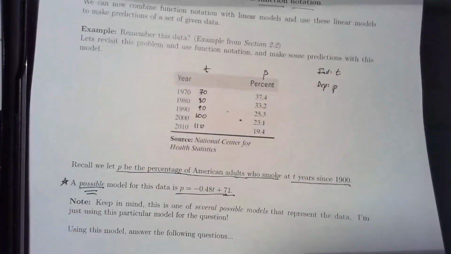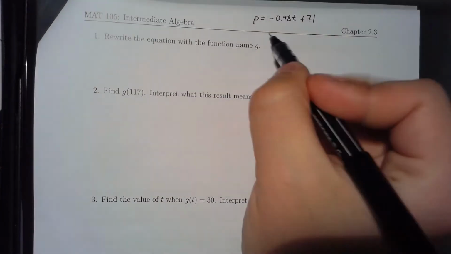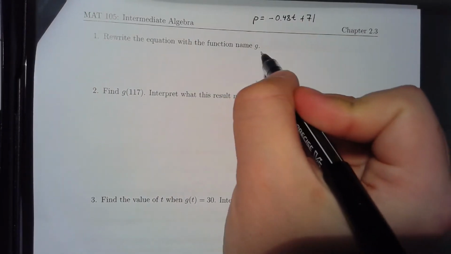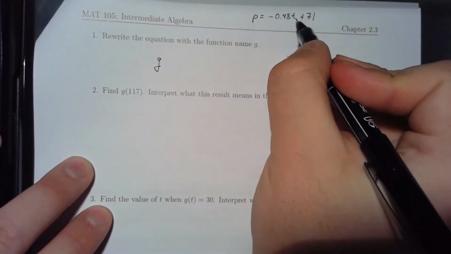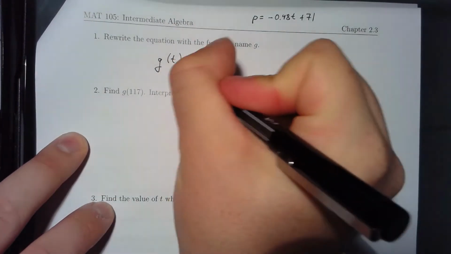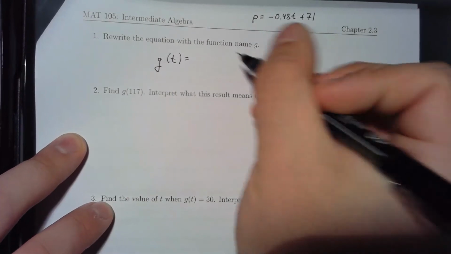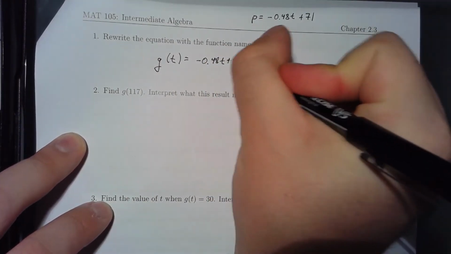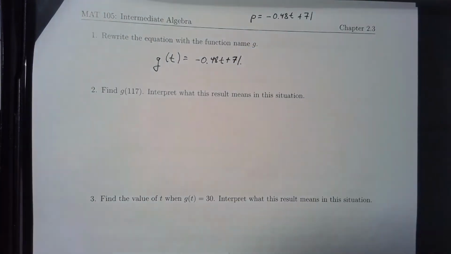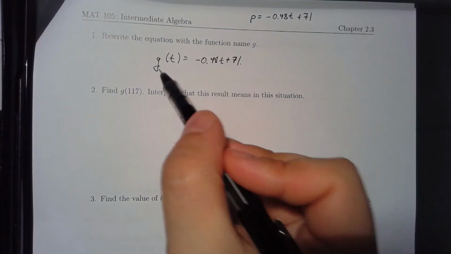Right? Okay. So I want to rewrite that model with the function name g. So I'm going to have g of my input, which is T, equals my model. That's it. This is the function name.